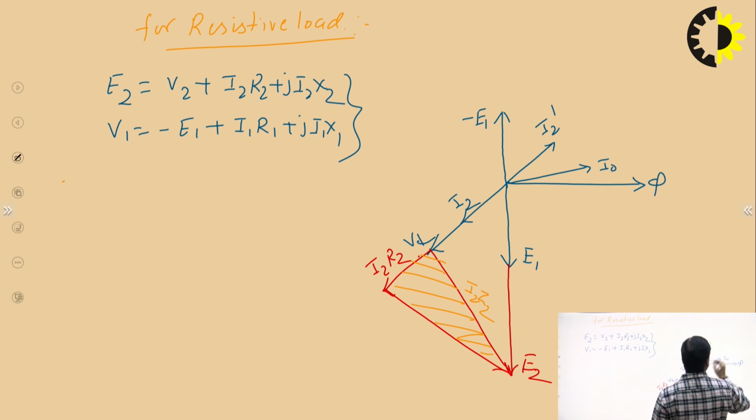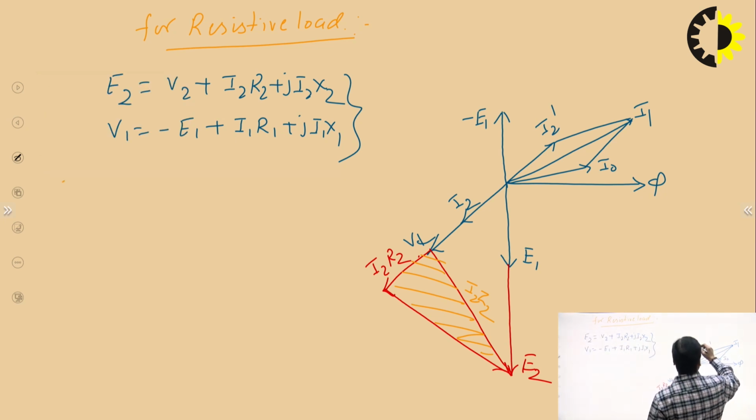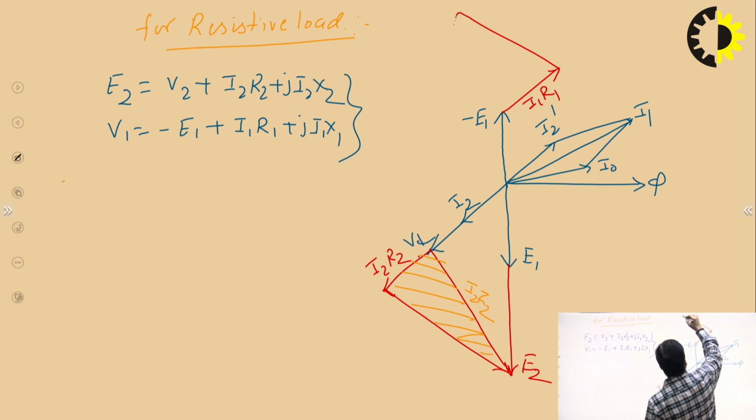The phasor sum of both will be I1, and then we calculate the drop in the primary winding by simply adding. This is the I1 R1, which should be in the phase of the current, and this I1 X1 is 90 degrees with this.